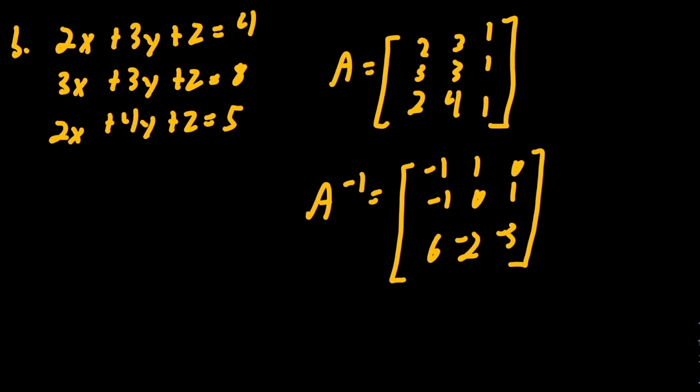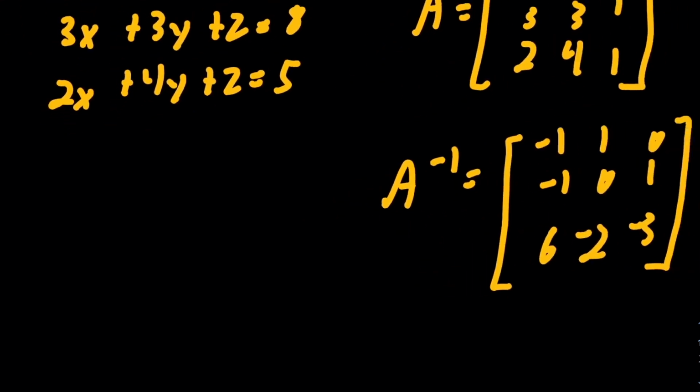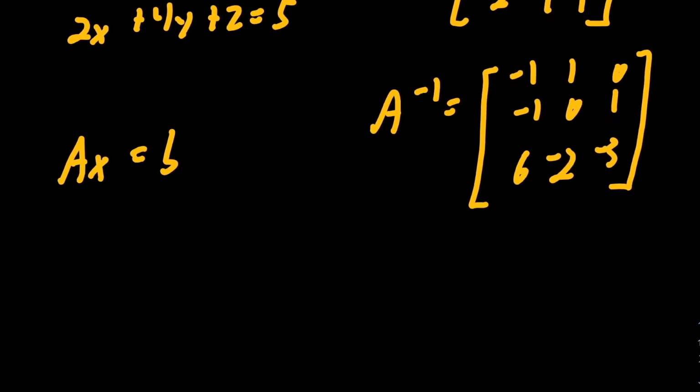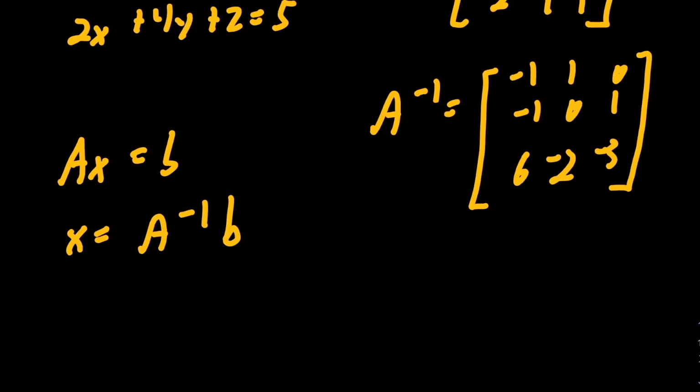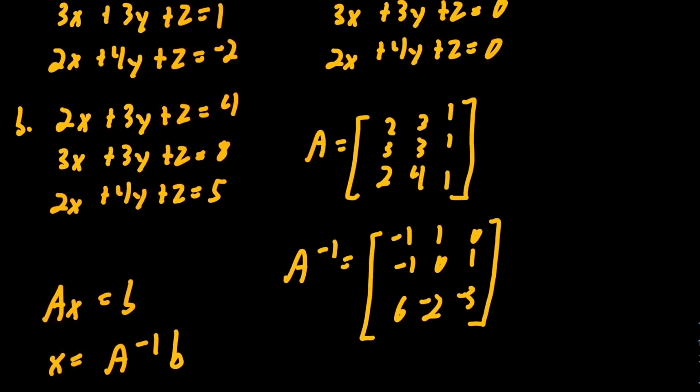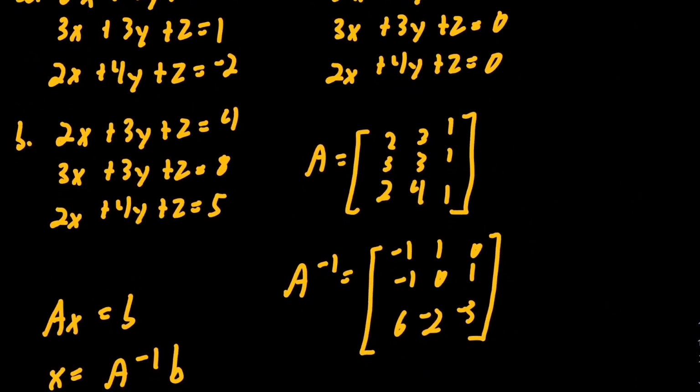Okay. Now, let's recall the equation AX is equal to B. And when we were solving for X, it wound up being A to the negative first power times B. And let's look over our systems of equations. We have our inverse matrix, we solved for that.